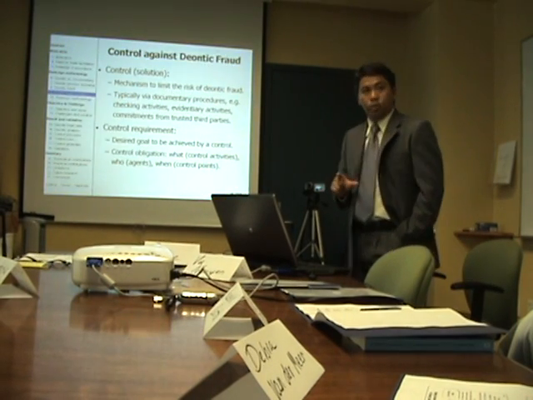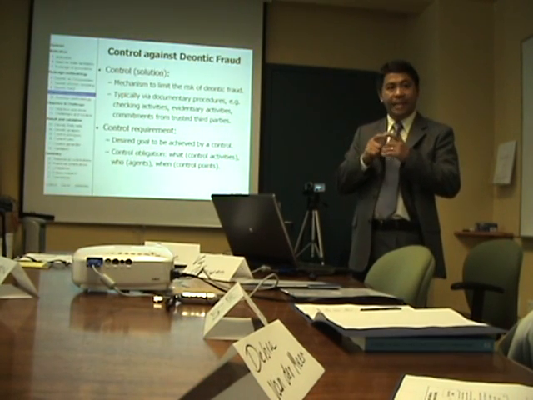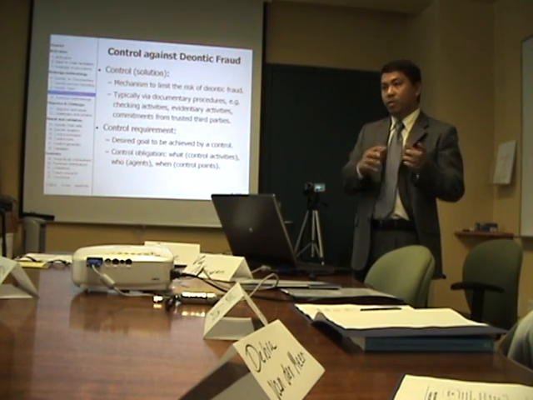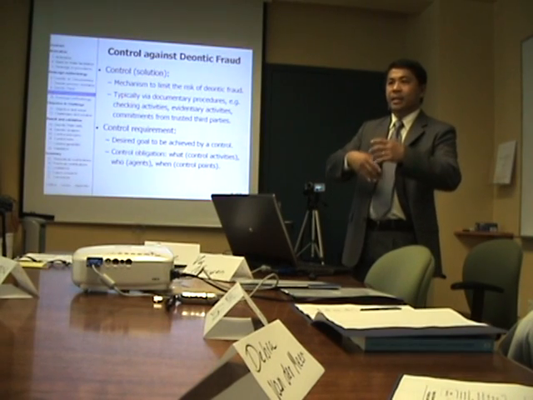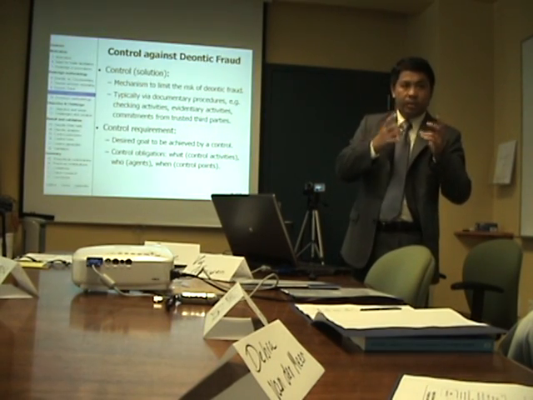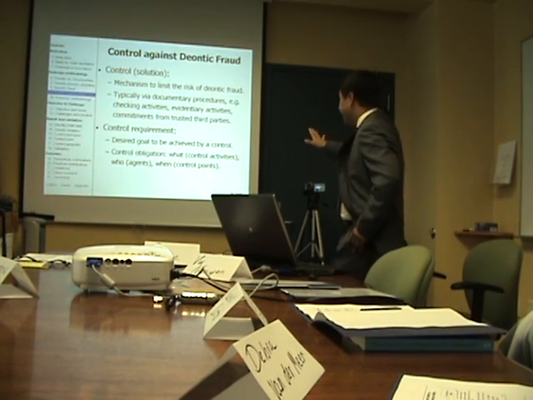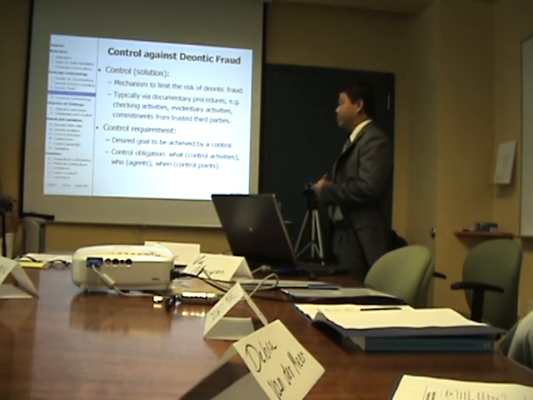In inter-organizational business, deontic relations are mostly represented in the form of documents. Thus, the inconsistency between deontic relation and documentary reality usually happens through a mismatch between the deontic relation and its documentary evidence. So the control mechanism used to prevent potential deontic fraud is usually via documentary procedure.